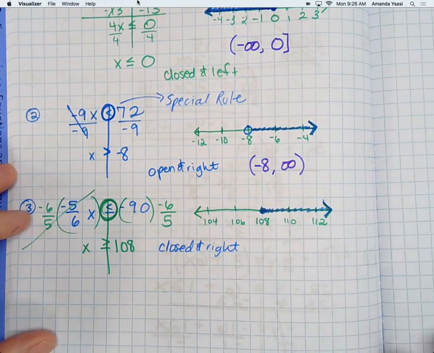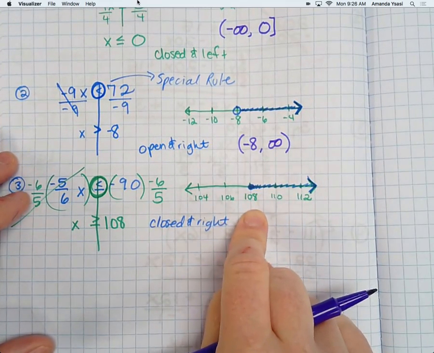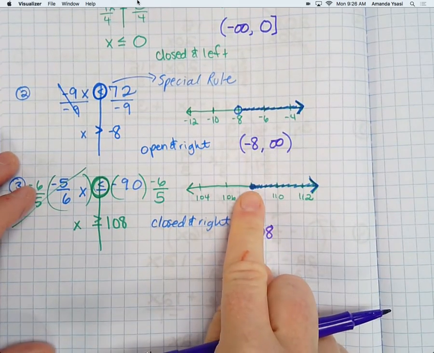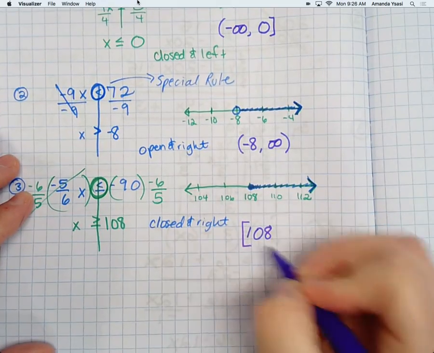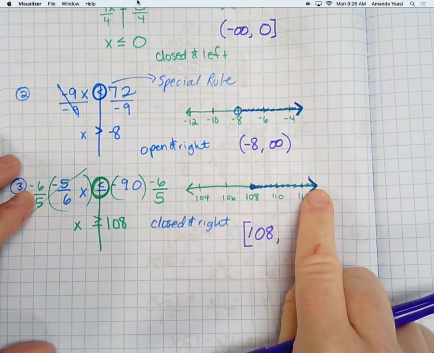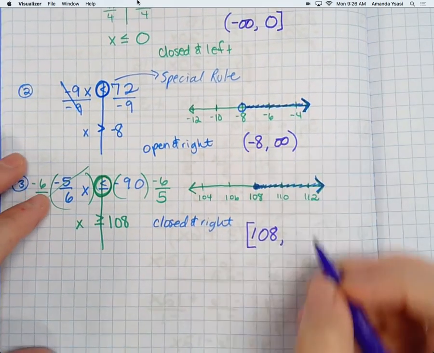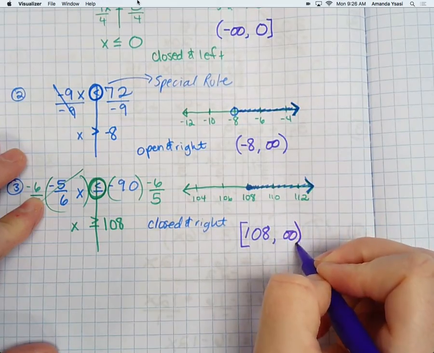And then the last one, what's the furthest left it can go? 108. Since it's a closed circle, what do I put? Bracket. And then this goes to, it keeps on getting bigger and bigger and bigger. Infinity. Infinity is always paired with parentheses.